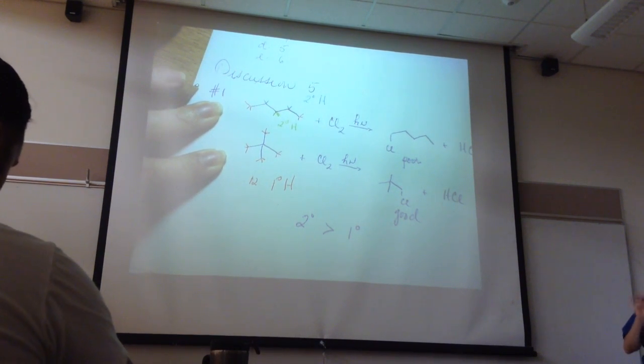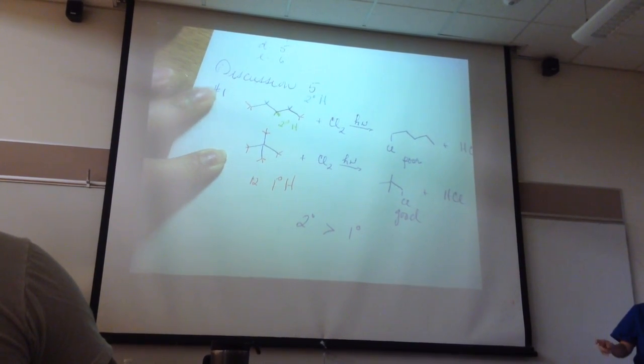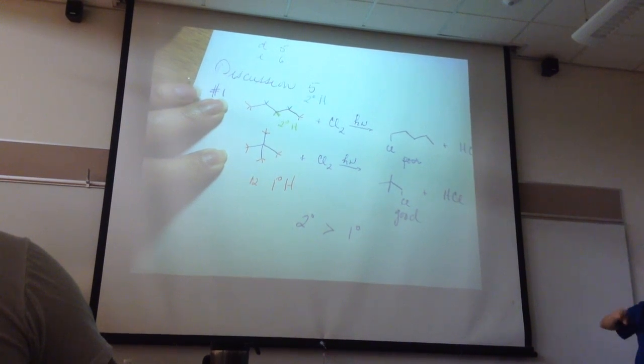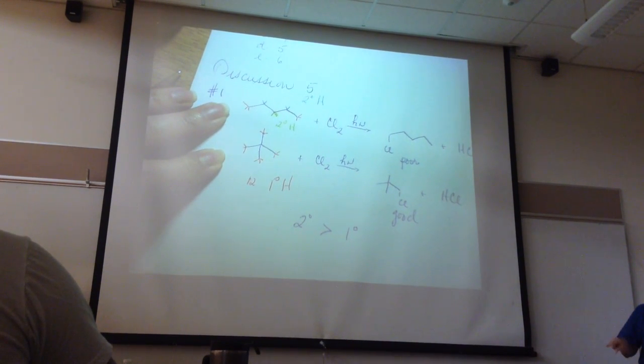The real answer is, in neopentane, the 12 hydrogens are equivalent and there's no other choice. That's your only way of making a halogenated compound, to abstract one of those. While on the pentane, you had selectivity of primary versus secondary radical, and the secondary radical, being the most stable, produces the most product.